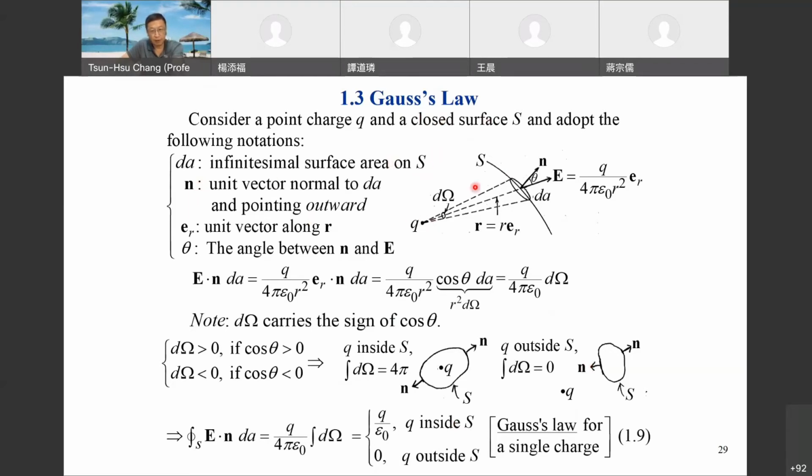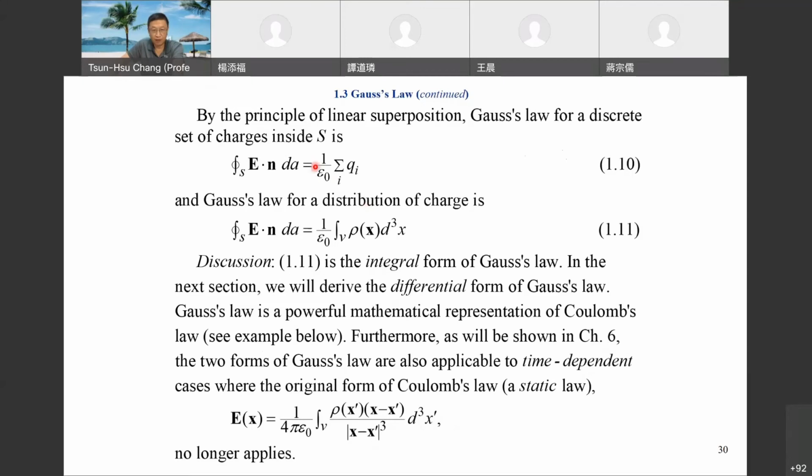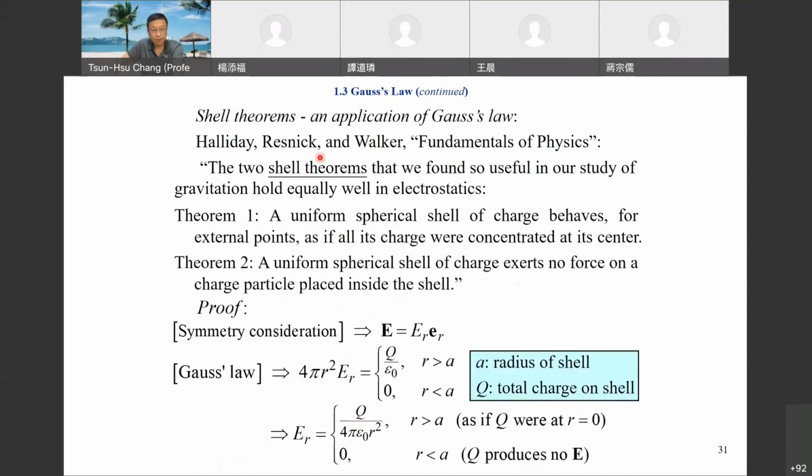OK, Gauss law, simple. It is just related to the divergence theorem. Just a simple Gauss law, a static law. And here is another application of the Gauss law.